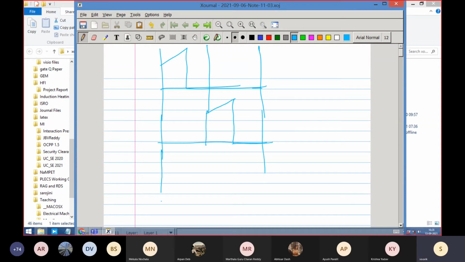So what is happening to the input side? I am drawing IG1, I am drawing IG2. And what is IG1 plus IG2? That is the input. So that will be this way, this way.